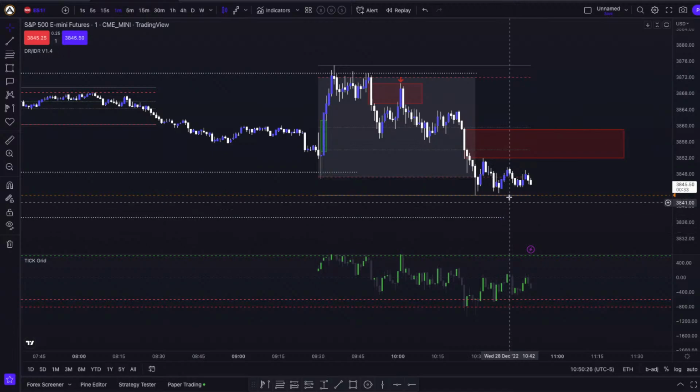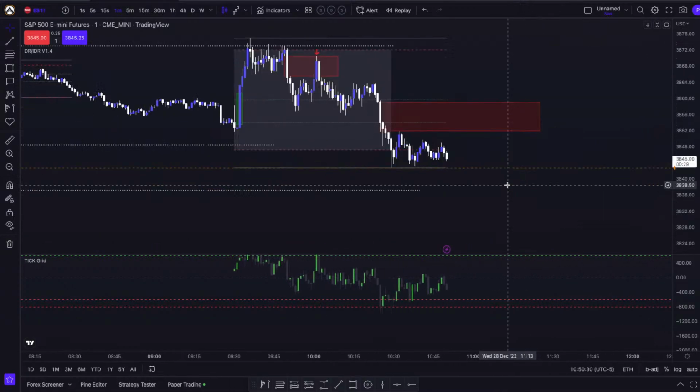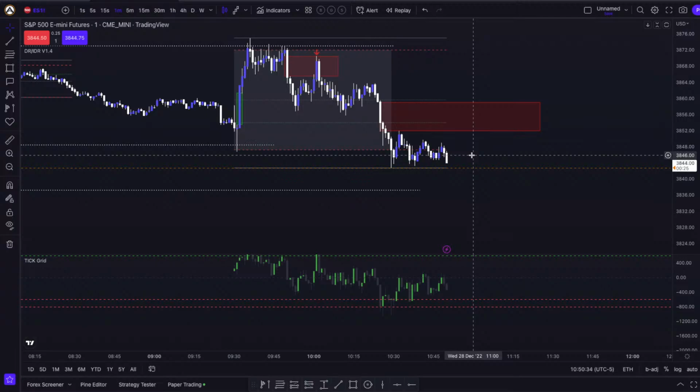And right now it looks like we're consolidating sideways right here. And most of the time, if you see price consolidating above major sell side liquidity or below major buy side liquidity, it's just waiting and reaccumulating for an extended move further to the upside or downside, depending if you're looking at buy side or sell side liquidity.